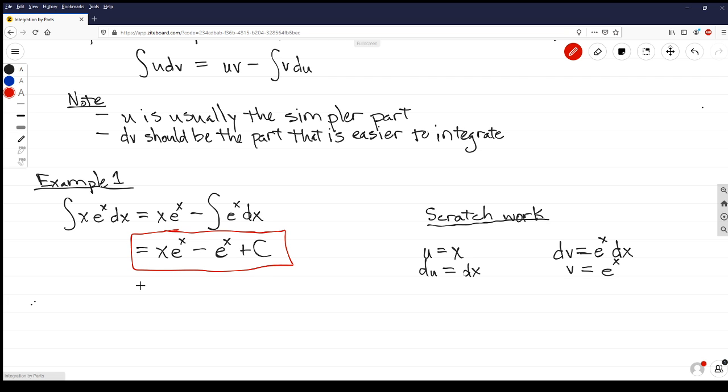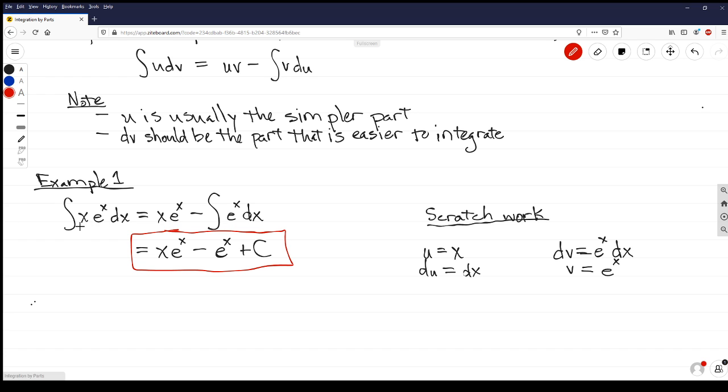Now, you can ask the question, why did we have to do this by parts? Well, if we look over at the original problem, when we ordinarily take the integral of e to the x, we have to take the derivative of the x up in the exponent place. But look, we've got the x down here.